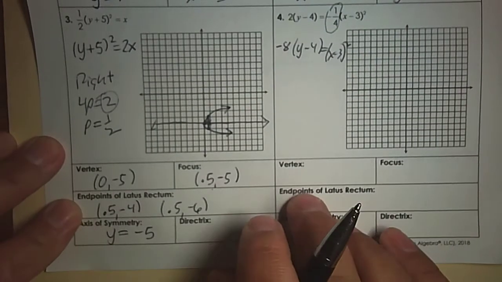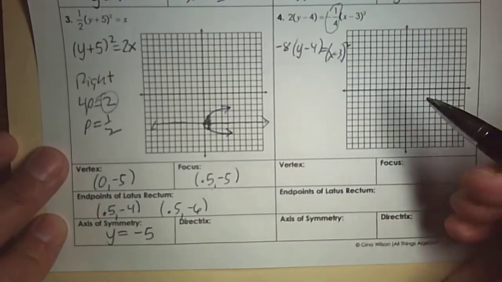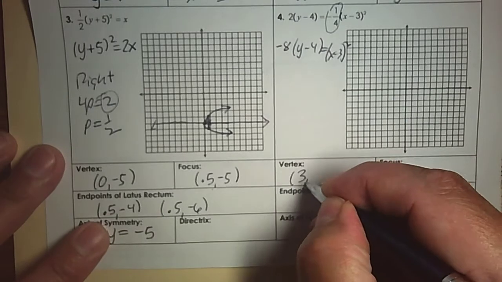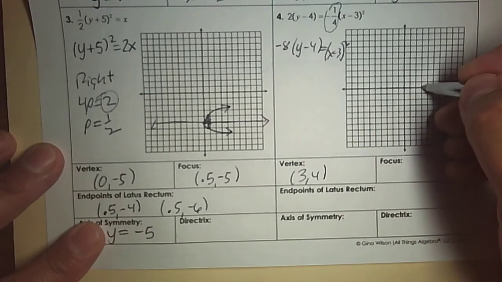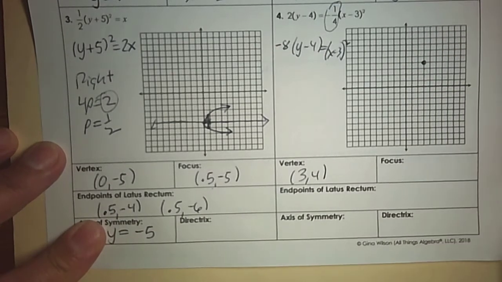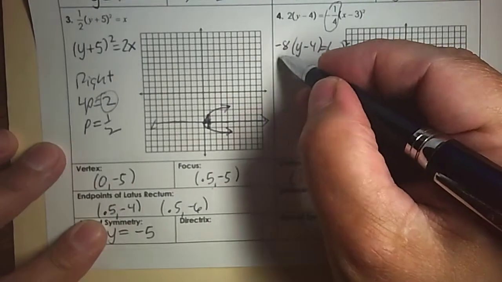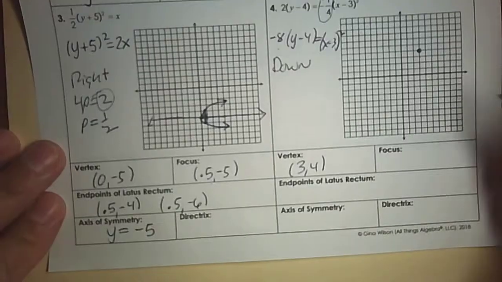-8(y - 4) is equal to (x - 3) squared. Now we're at the right spot. So the vertex is at (3, 4). Because x is squared and it's negative, this is going to fold down. That's important.